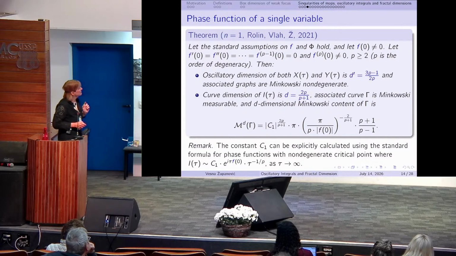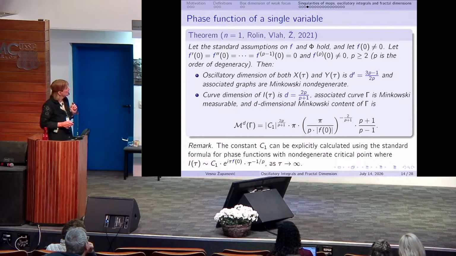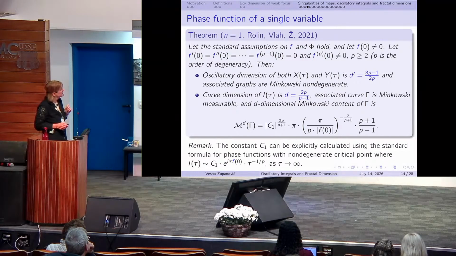And with curve dimension, you can see that the limit is 2. If you have a much more complicated singularity with big p, this is bigger. So the dimension is going to 2. It explains a more complicated singularity.